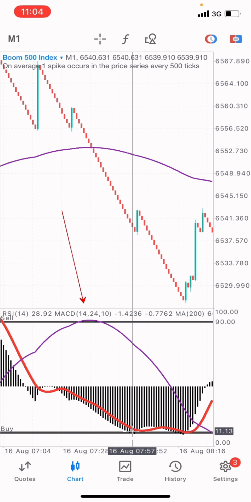Okay, now I hope you understand what I've said in this video. So this strategy actually works perfectly. You can see that when the moving average crosses above the level of 90 of the relative strength index, at that same point, the market on Boom breaks down when it's selling below the moving average.